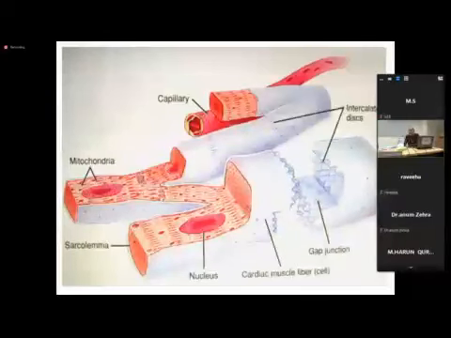And the innermost layer of the cardiac muscle is called the endocardium. Endo means under, inner. So endocardium is the innermost, myocardium the middle one, and the epicardium the outermost. These layers are wrapped around each other in a circular manner.